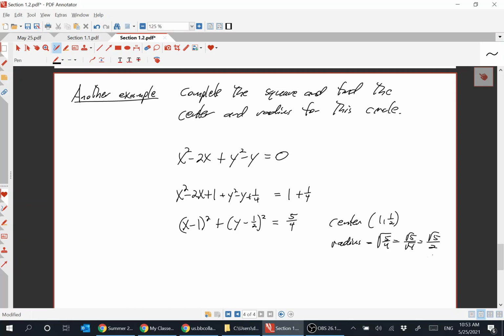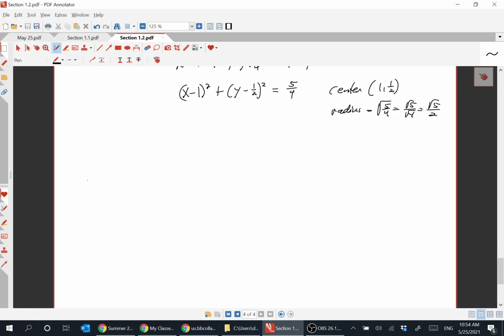Okay, so another example of completing the square. And we'll do this again later when we talk about solving quadratic equations rather than just linear equations, which we did in P8.